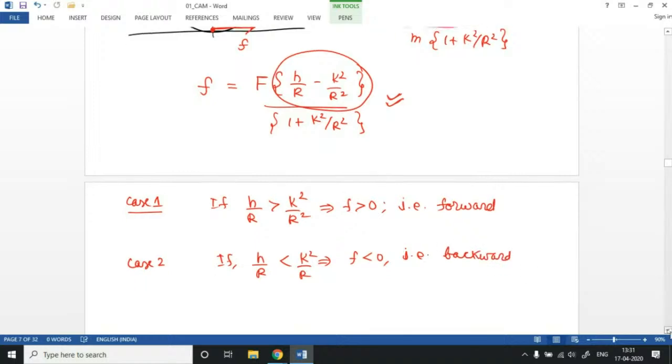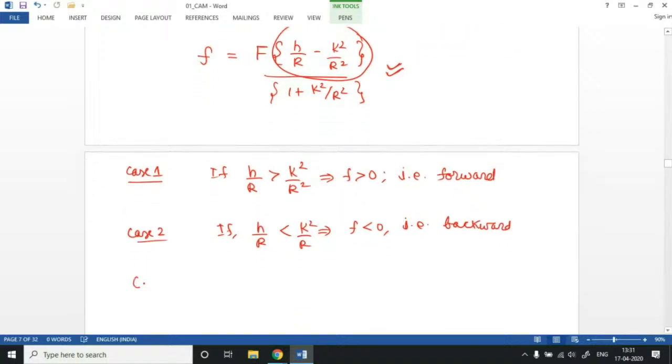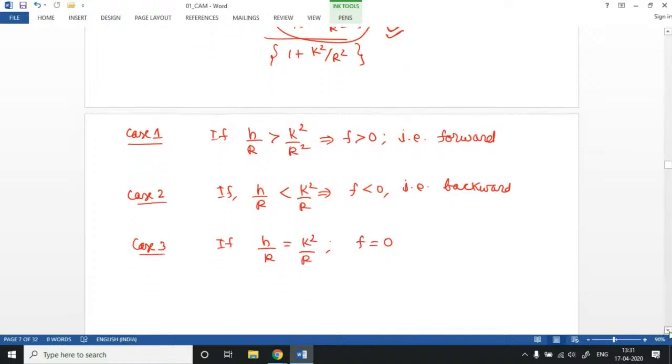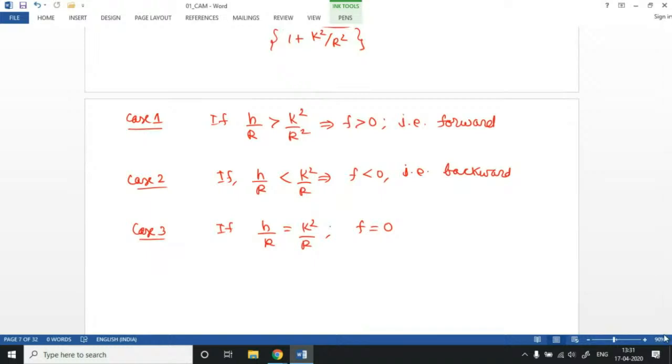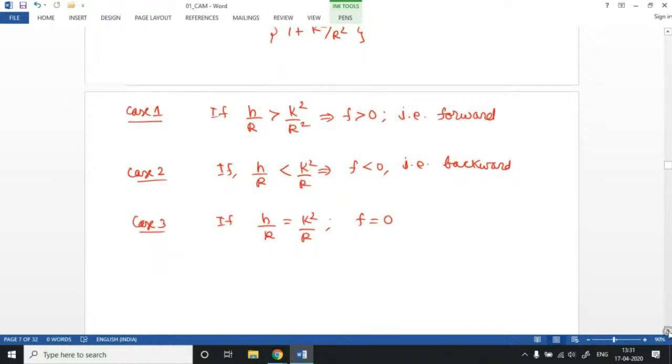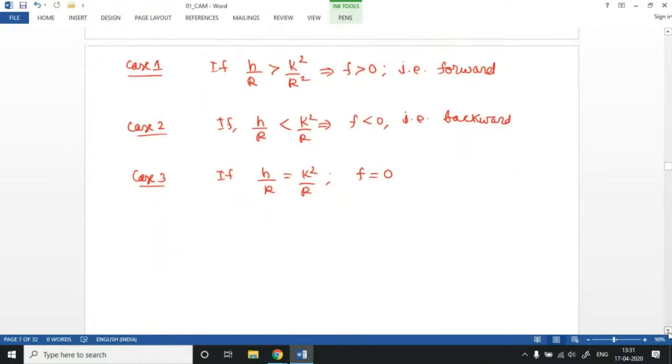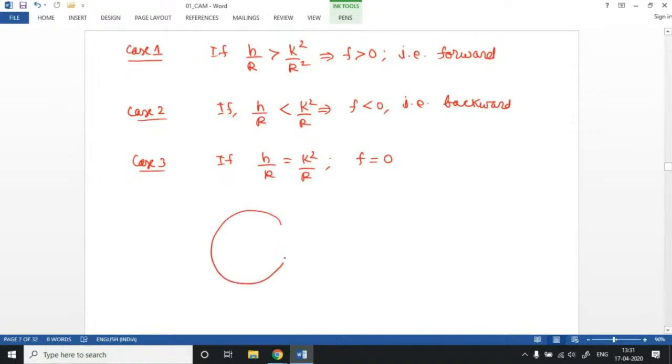Another interesting case, case 3: if h by R is equal to k square by R square, then f will be equal to 0, and that is the most interesting case because we will not need any friction for pure rolling to happen. For example, take a uniform ring. For a ring, k square by R square is equal to 1.